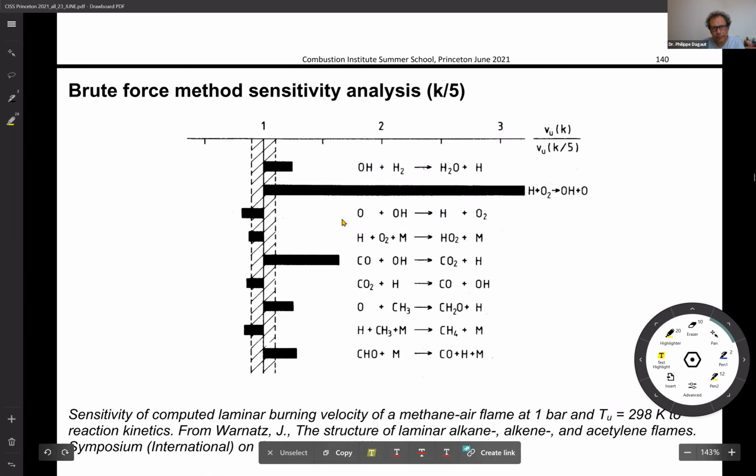And you can see here that this reaction is involving H atom, and it is very sensitive. This one is also involving H atom. It is very sensitive. This one is involving H atom, and that one also. And that one, which is less sensitive, is also involving H atom.